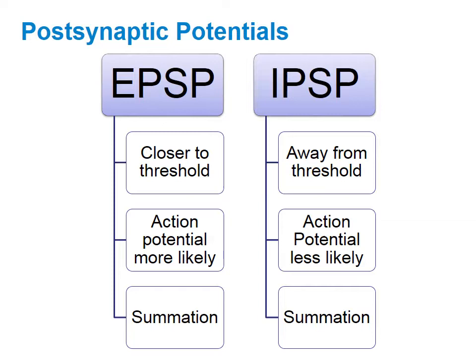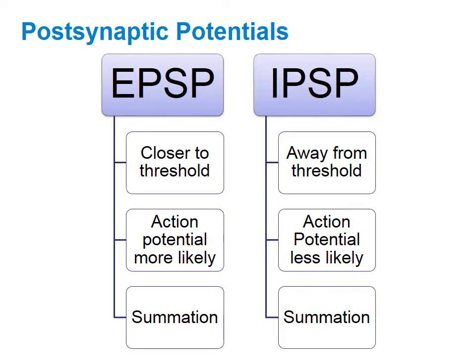Excitatory postsynaptic potentials occur when sodium enters the second neuron and it depolarizes closer to threshold. In other words, it is stimulated and an action potential is more likely to occur.